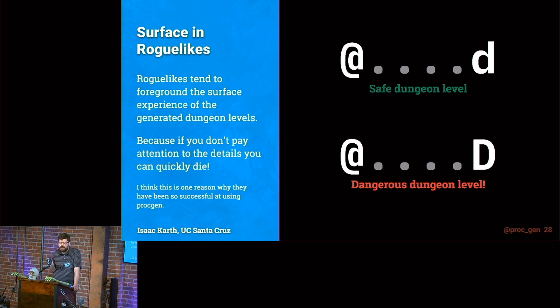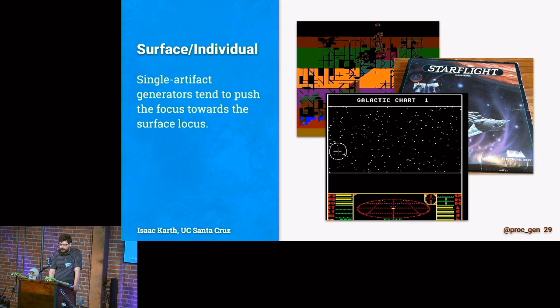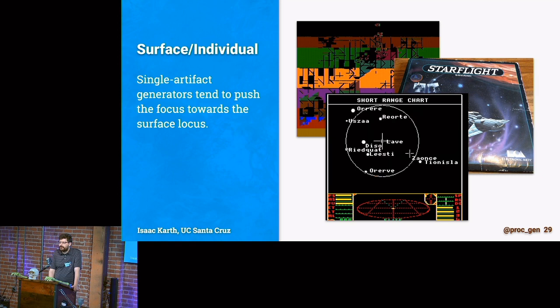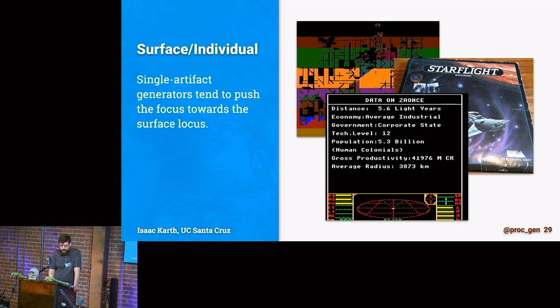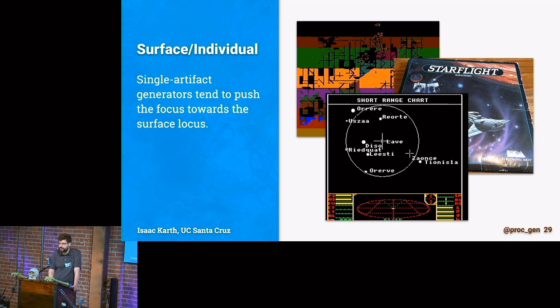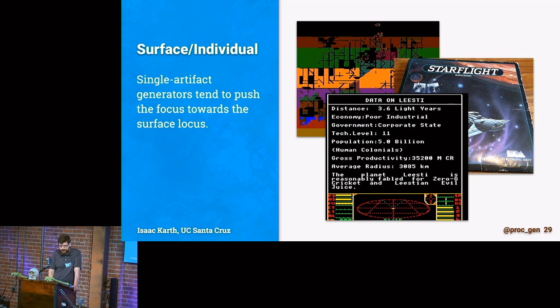And I think this is one reason why roguelikes have been so successful at using procedural generation effectively. And again, I think single artifact generators tend to push the focus more towards the surface, which is one reason why Elite was so successful originally.